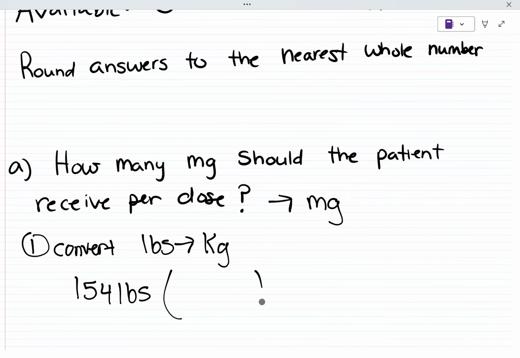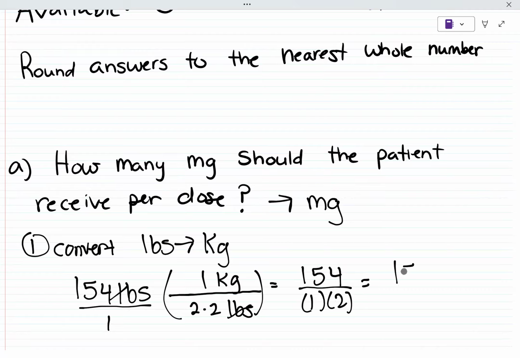If you look at your cheat sheet, it has the conversion from kilograms to pounds. The pounds disappear and you're left with kilograms. So multiply across: 1 times 154 is 154, and 1 times 2.2, and 154 divided by 2.2 is 70 kilograms.